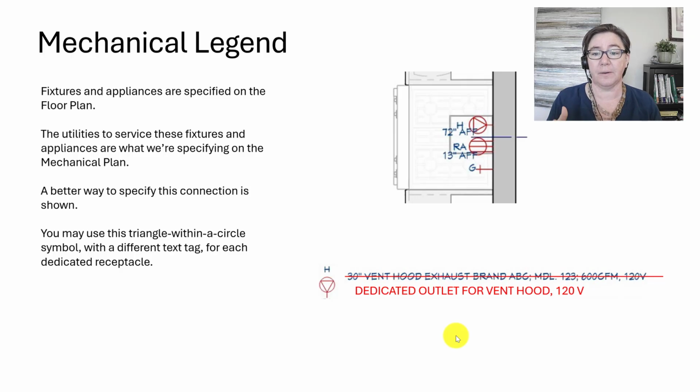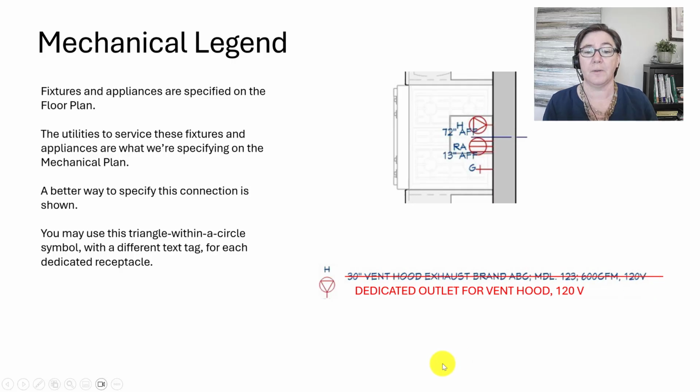And so here's an example, something that I think is incorrect in your sample set, and here's a better way. We're going to show for this vent hood the dedicated outlets, all right, and we're not going to list the actual specification of that vent hood. That information's already in the set. We don't need to repeat it.